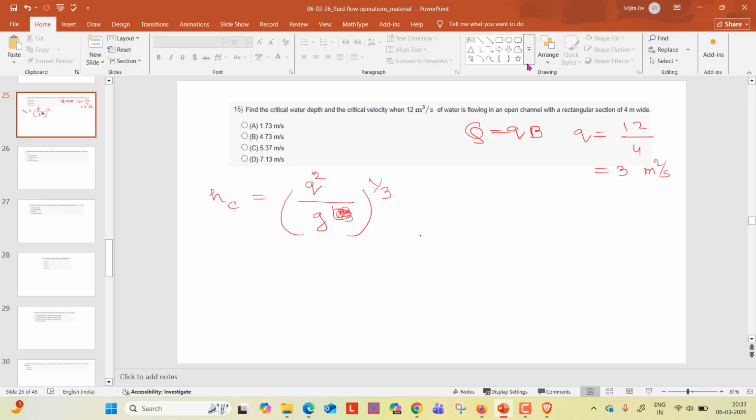Now Hc will be 3 square, that is 9, by 9.81, to the power 1/3. So it is coming as 0.971 meter.